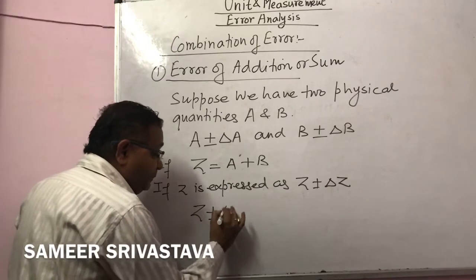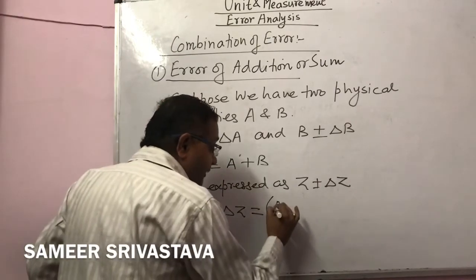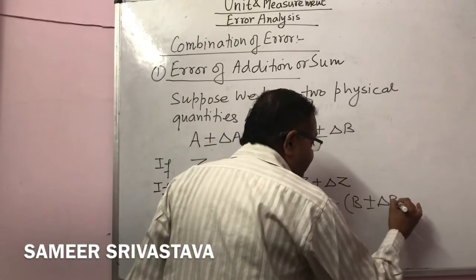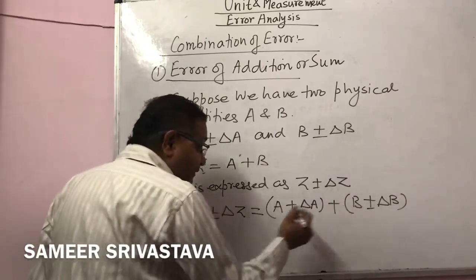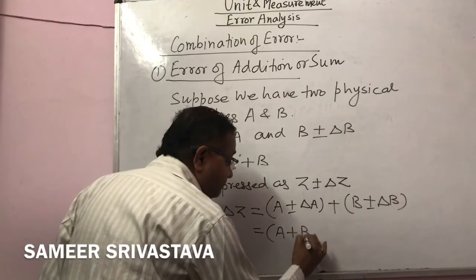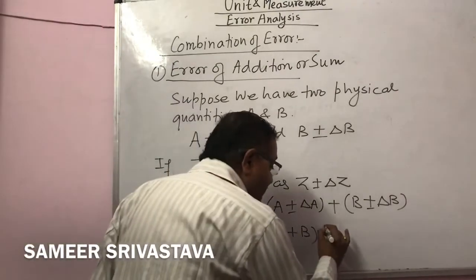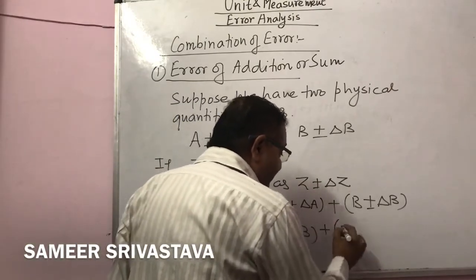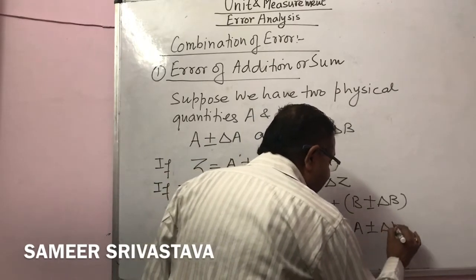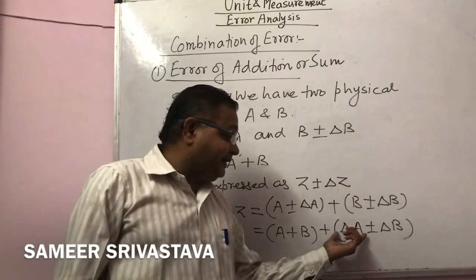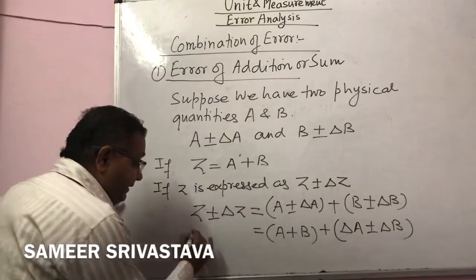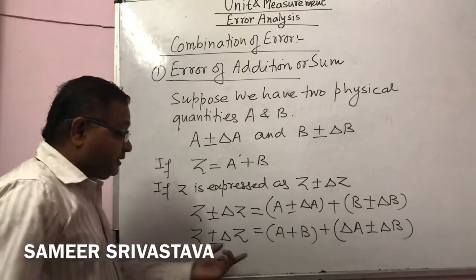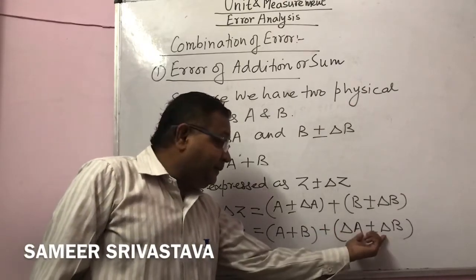We can write Z plus minus delta Z is equal to A plus minus delta A plus B plus minus delta B. Now A and B are actual values, so we collect A plus B, and we can write delta A plus minus delta B. So Z plus delta Z is equal to A plus B, delta A plus minus delta B.